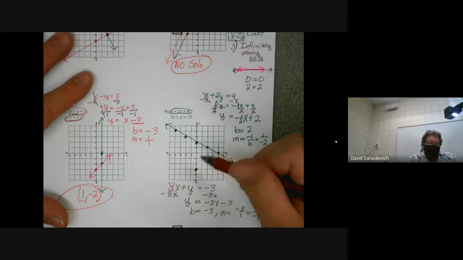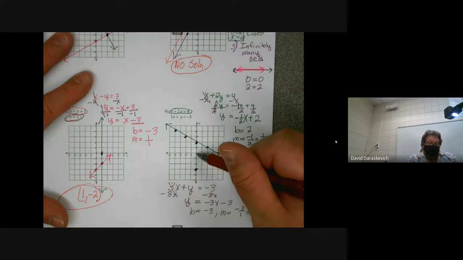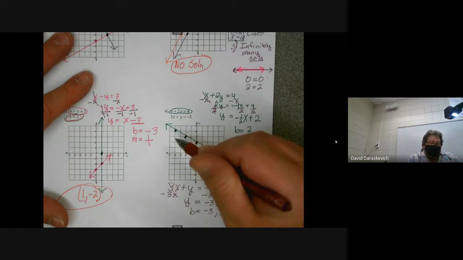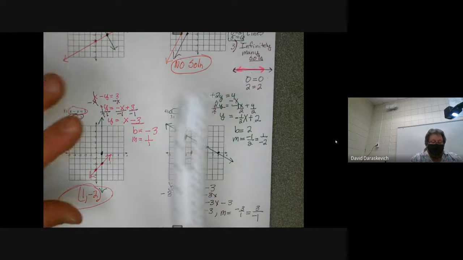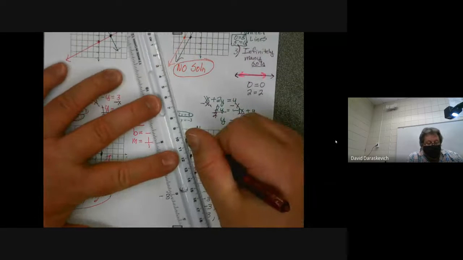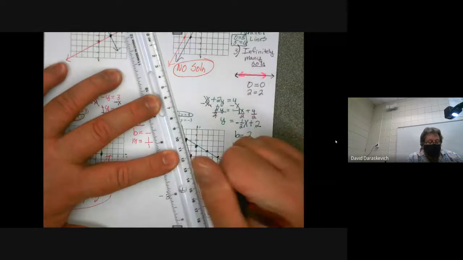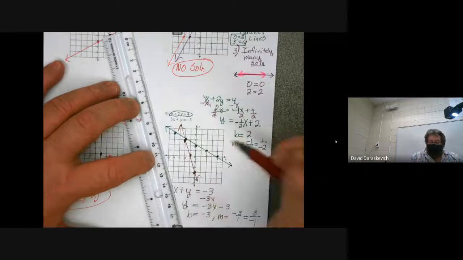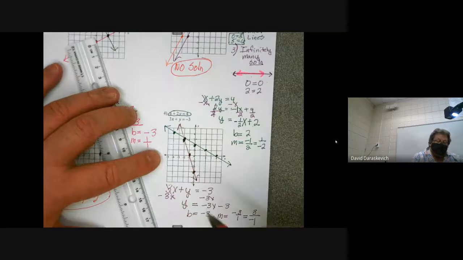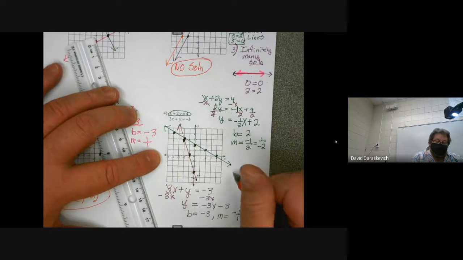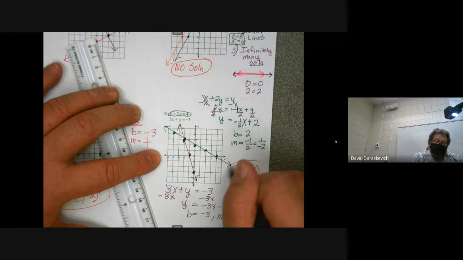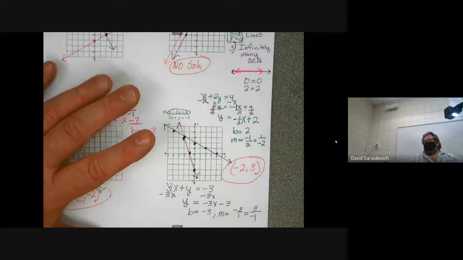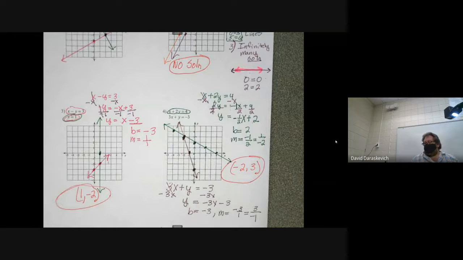Go up 3, 1, 2, 3, to the left 1. Up 3, to the left 1. There's my solution right there. Exactly 1 point, (-2, 3). So there's the first method.